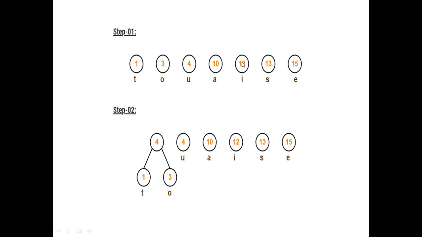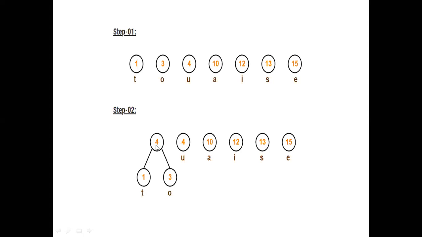We have to choose the minimum frequencies from this array. The minimum frequencies are 1 and 3. So we have chosen them, that is 1, that is 3. Okay. Thereafter, you have to create a root node from these 2 leaf nodes, and in the root node you have to write the summation of these two, that is 3 plus 1, that is 4.